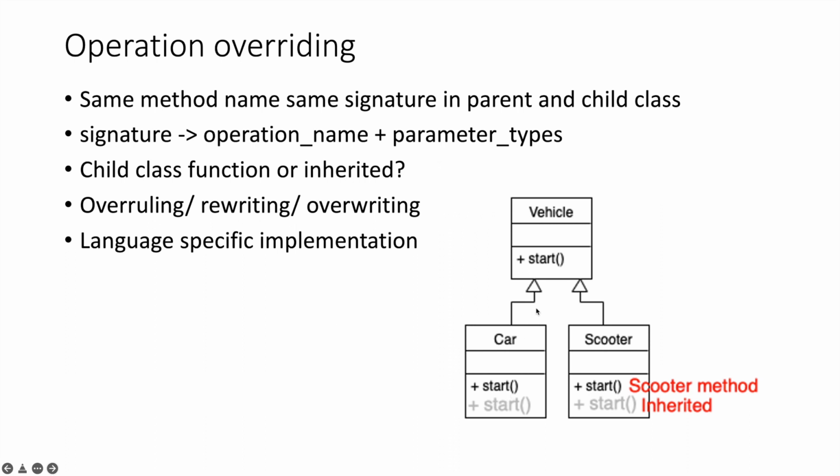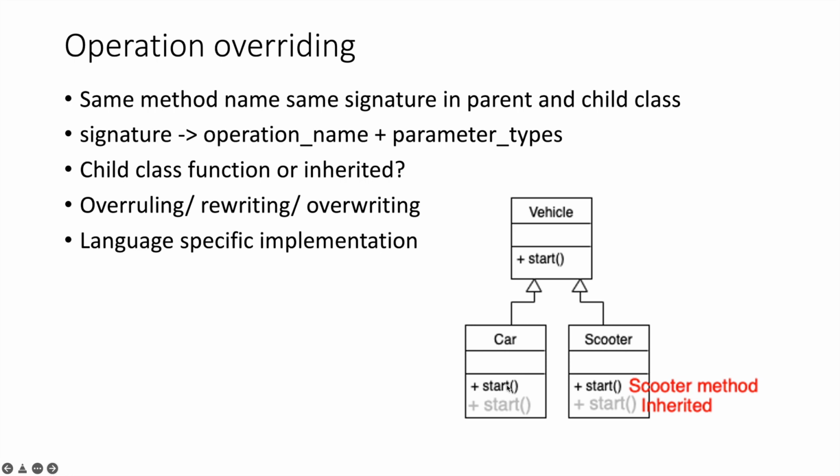Whatever version of start is inherited will be ignored from here, and the start version which is written in a car class will be preferred. This principle can be remembered: even though in the technical documentation this is called overriding, it means parallelly overruling, because this car class is overruling the signature which it is getting from the base class, or rewriting or overwriting.